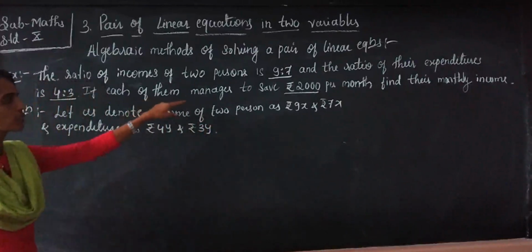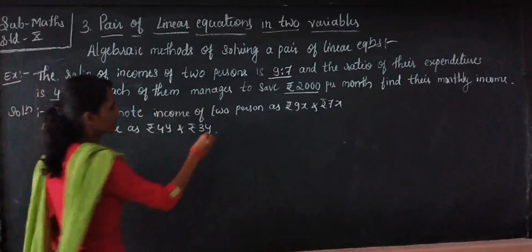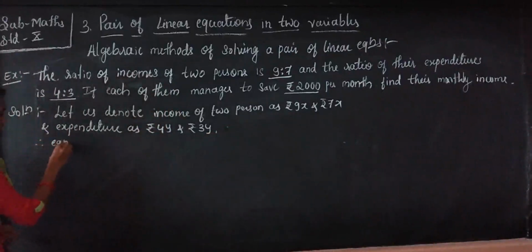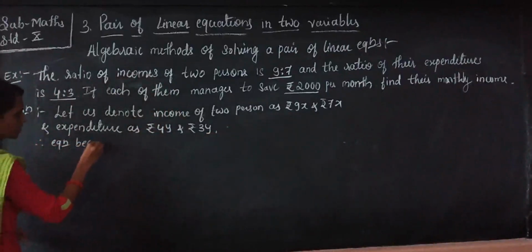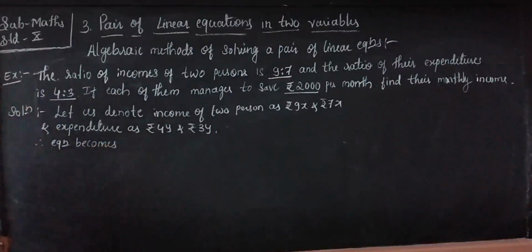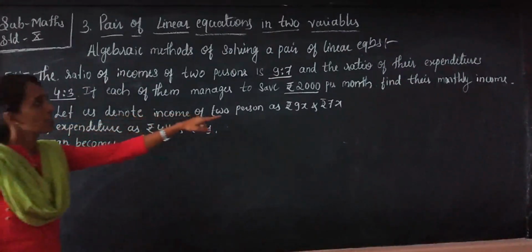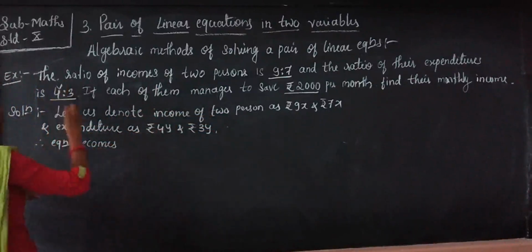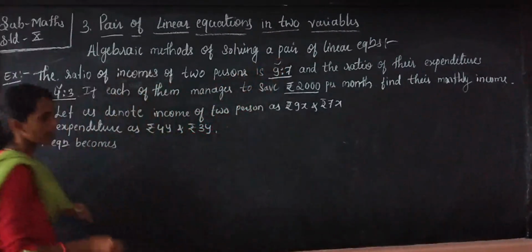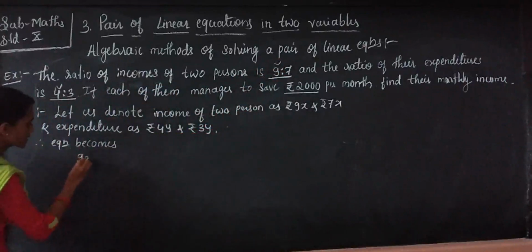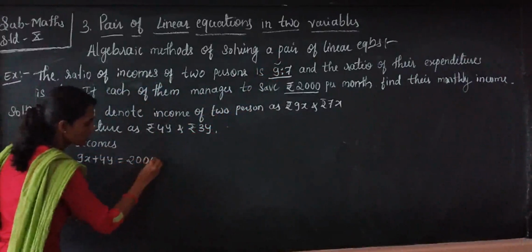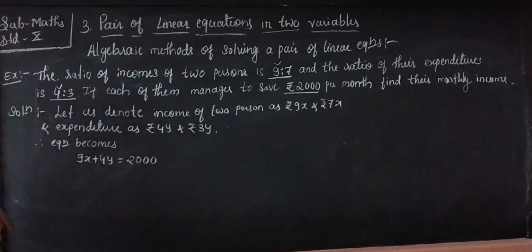So then according to the situation, the equations become: the first one is 9x plus 4y is equal to the savings, 2000.